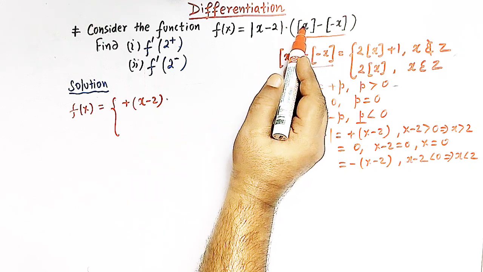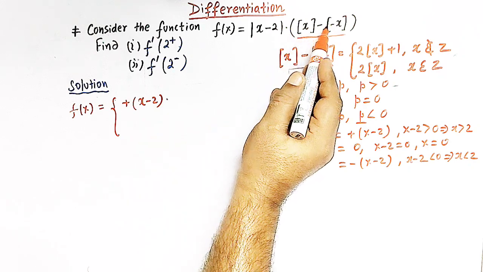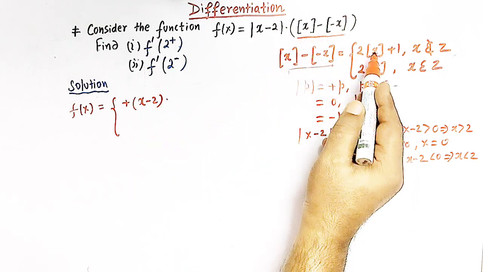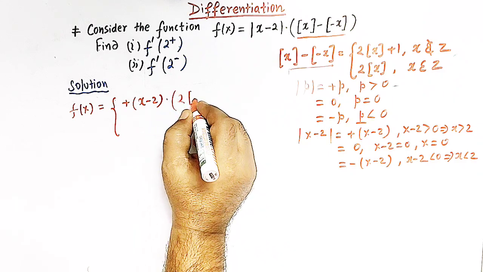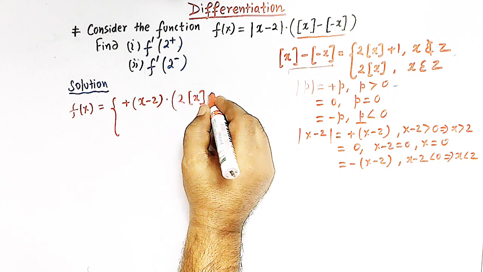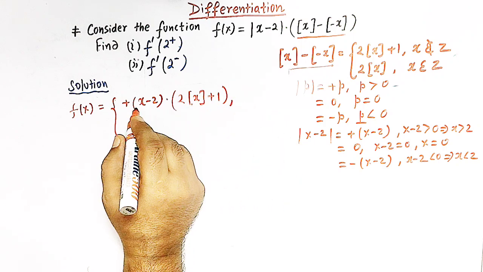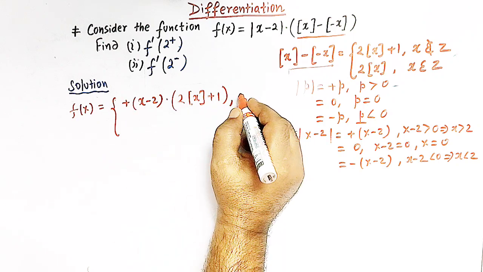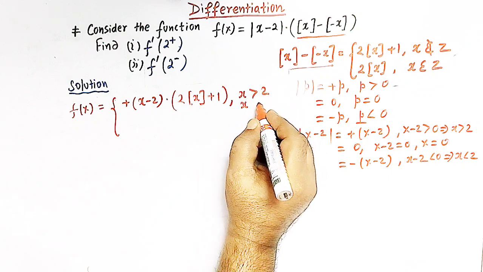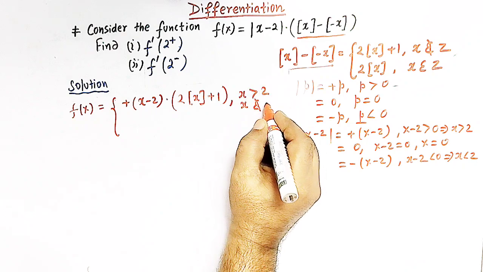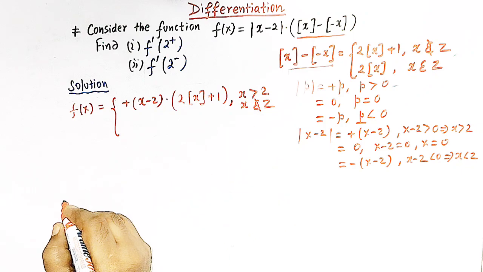And here the greatest integer of x minus greatest integer of minus x is now taken as 2 times the greatest integer of x plus 1. So here the condition is that x should be greater than 2, and x should not belong to the set of integers, right?